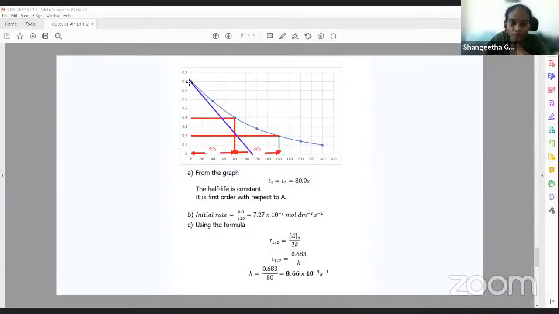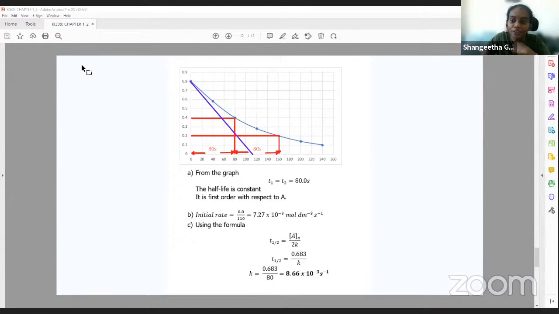So what you're supposed to do is take the initial concentration, divide by 2, and it will drop. In your instance, your initial concentration of sucrose is 1. So 1 divided by 2 is 0.5. You draw a line from 0.5 and then find the time.